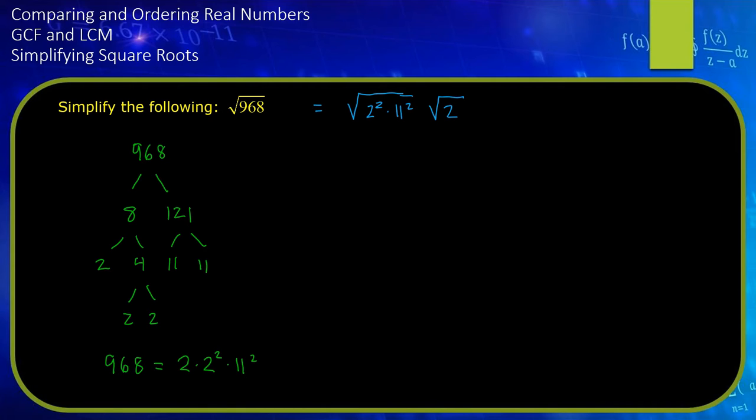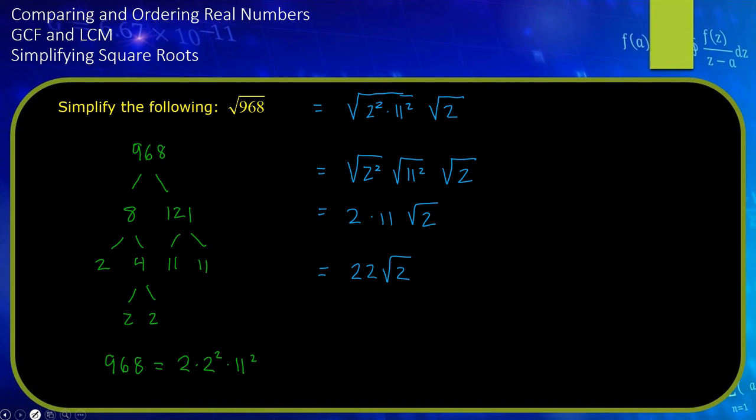I'm going to put the 2 in the other radical, because 2 is not a perfect square, but 2 squared and 11 squared are. So I would basically have the square root of 2 squared times the square root of 11 squared times the square root of 2, which is 2 times 11 times the square root of 2, which becomes 22 times the square root of 2. And that's the square root of 968 in its simplest form.